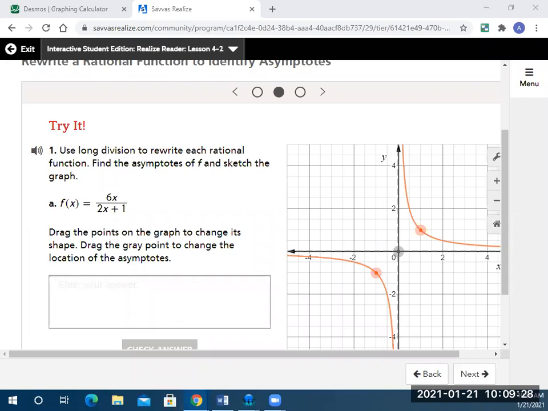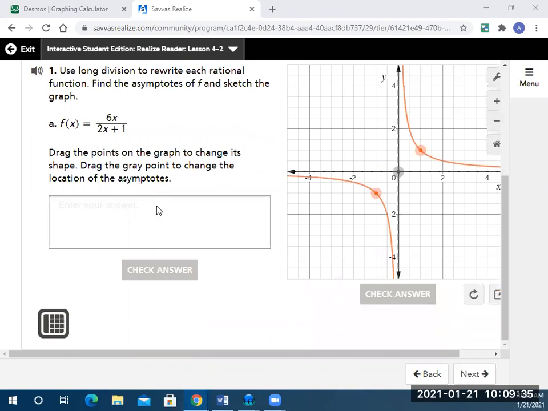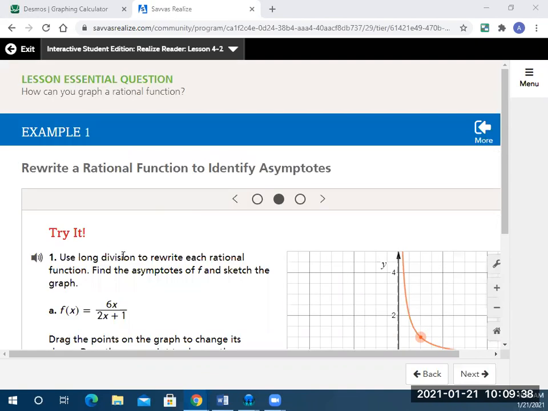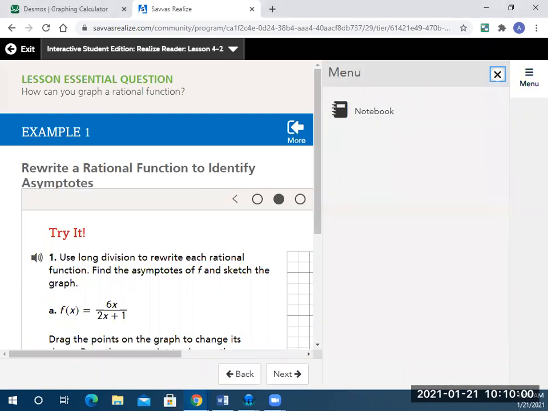All right, so I'm going to write it over here.